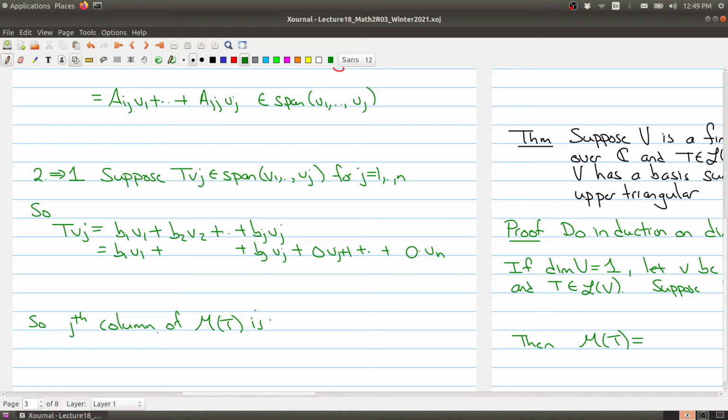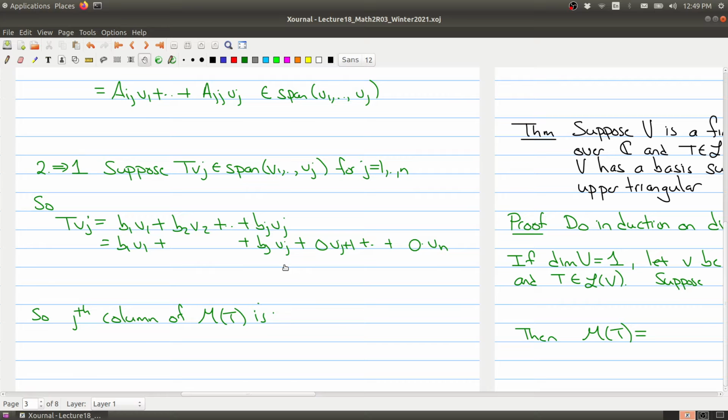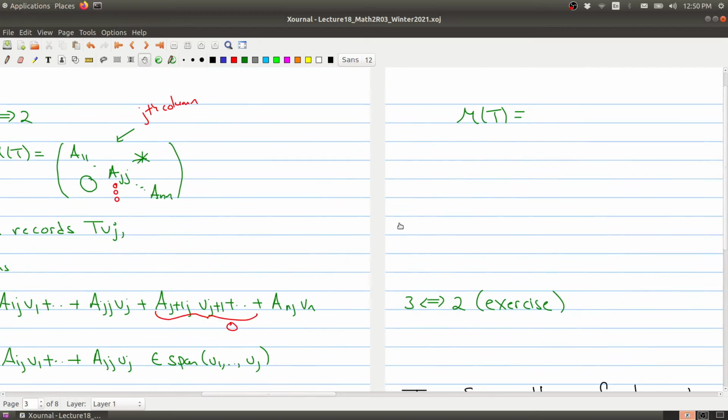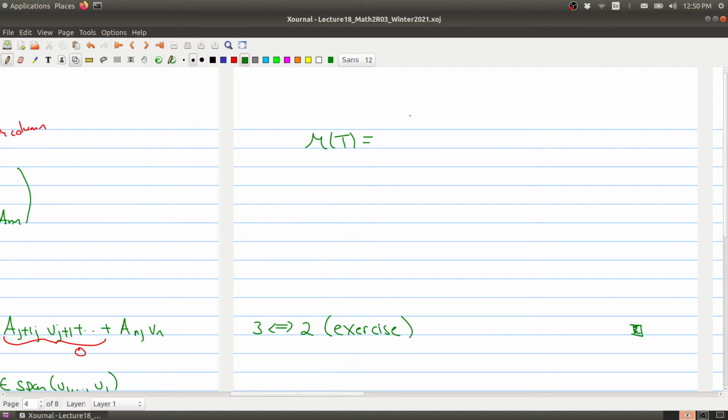And this now tells me what the jth column of the associated matrix is going to be. All of these numbers or coefficients that show up here are going to tell me the jth column. And so I've started that over here on the next slide. I will have something that looks like this. So here's my jth column, and I will have b_1, b_2 up to b_j, and then all the way down to 0.